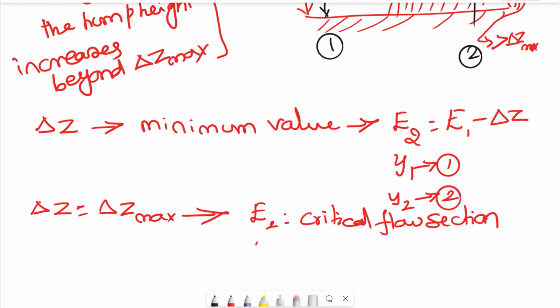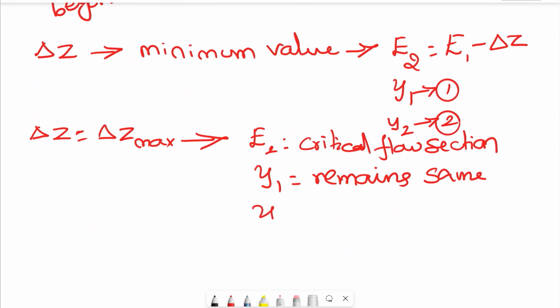The y1 remains the same, but y2 reduces to yc, right?